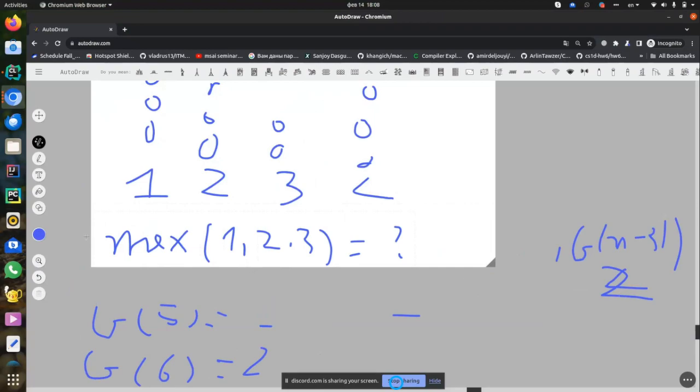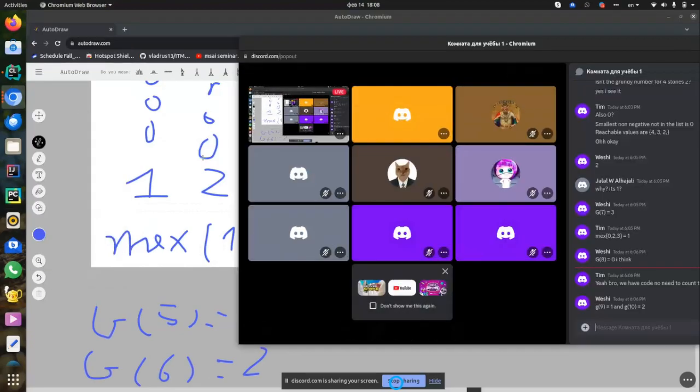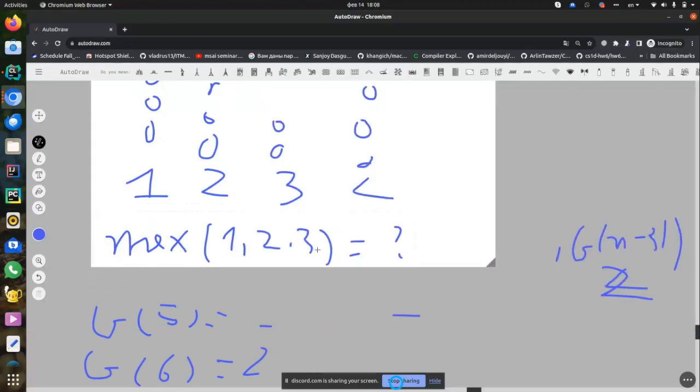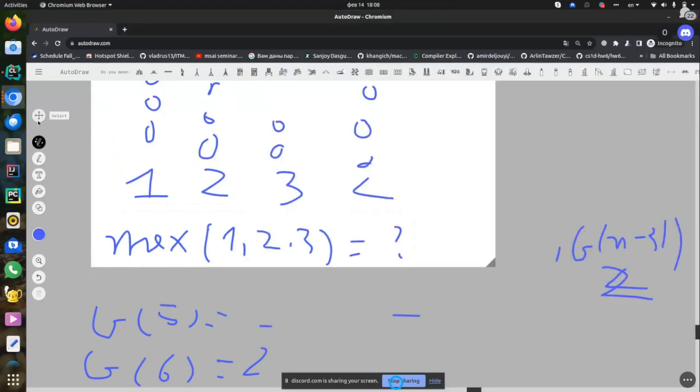I made a mistake before in the definition, so I just want to ask you guys, the mex for 1, 2, and 3? Mex is minimum excluded. Minimum excluded, yeah. Right, so what would be the result here?